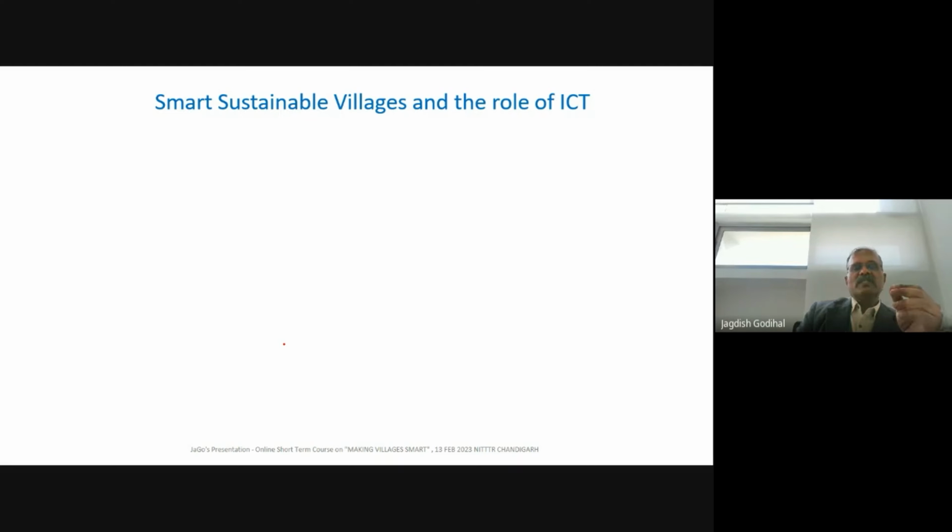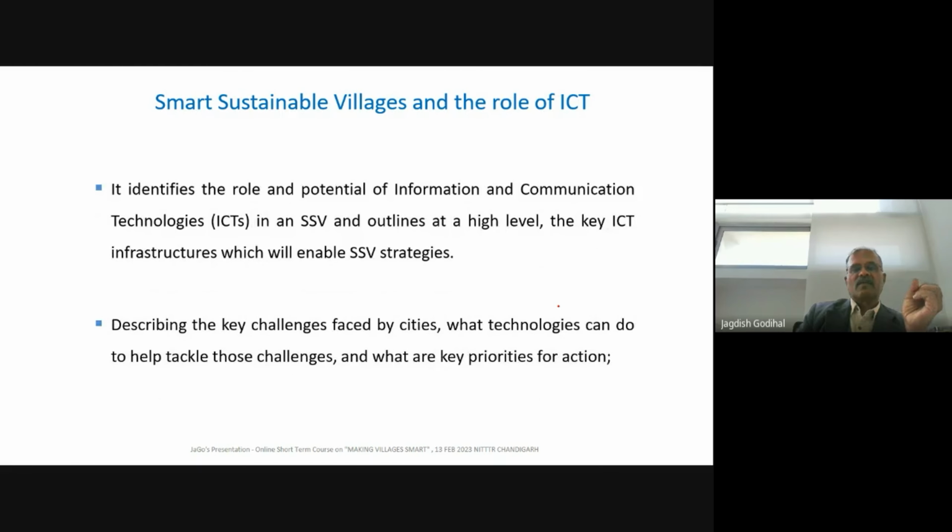Then, if you look into smart sustainable villages and the role of ICT, here is the potential of information communication technology, ICT, in smart sustainable villages: the high-level key ICT infrastructure which will enable smart sustainable village strategies.